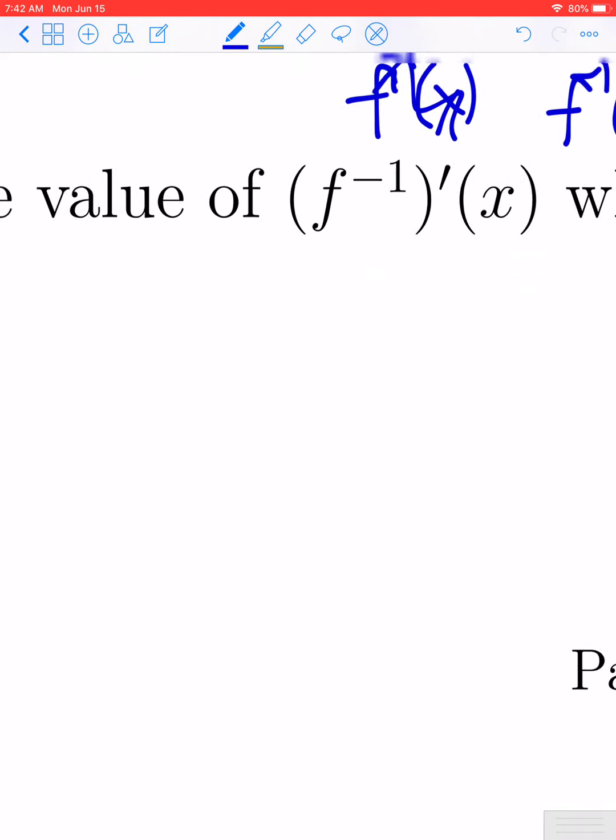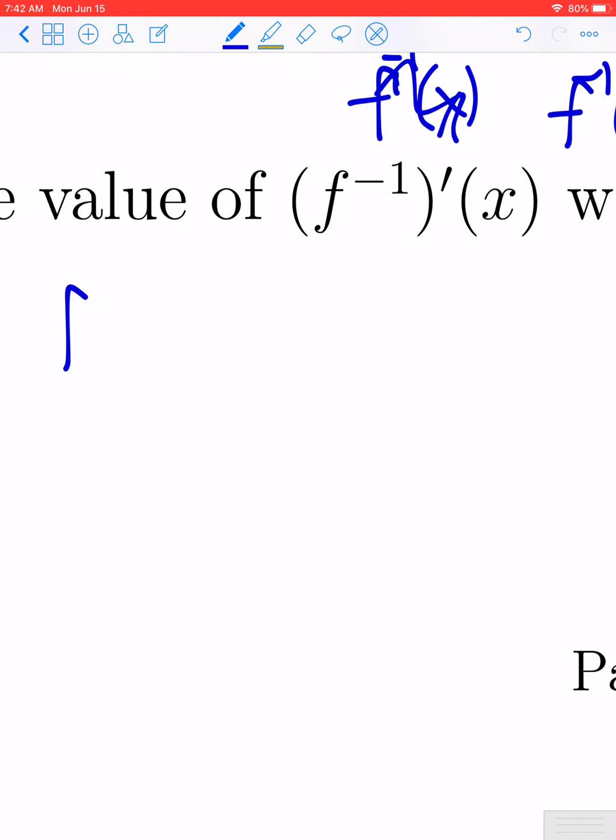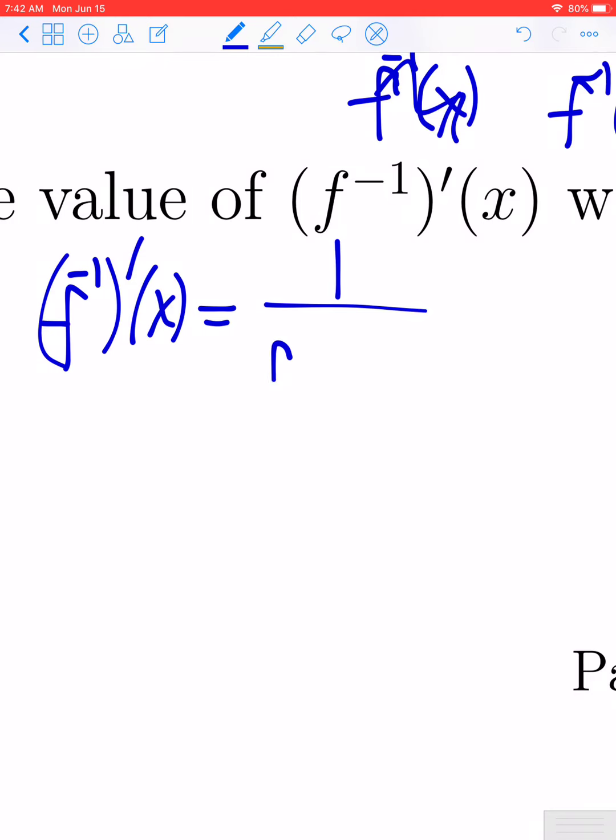So let's go ahead and write out the formula for this. f inverse prime of x is equal to 1 divided by f prime evaluated at f inverse of x.